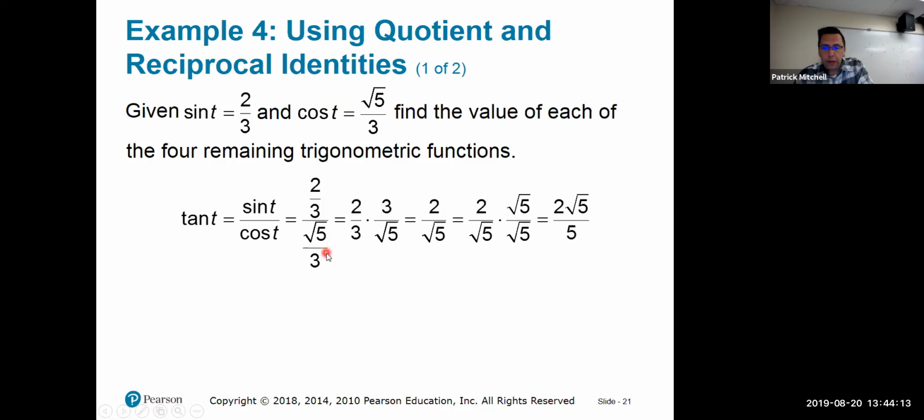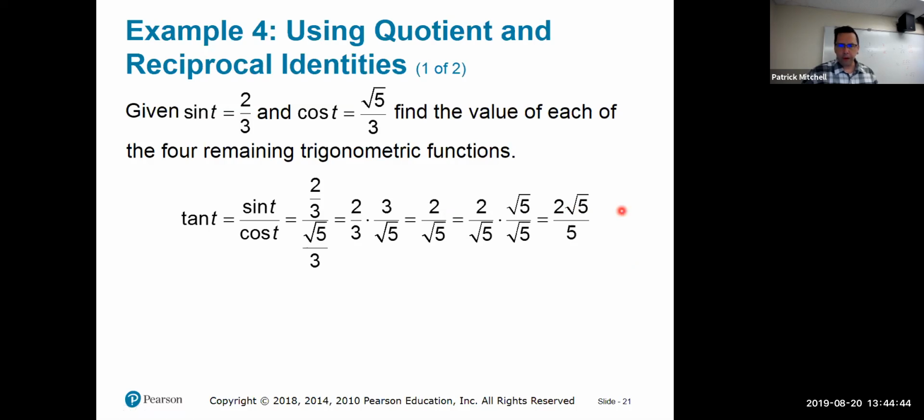You could either think of this as dividing by root 5 over 3 is the same thing as multiplying by the reciprocal, or you could get directly from here all the way to here by just multiplying the top and the bottom by 3. That'll give you 2 over the square root of 5, and then if you rationalize the denominator, you get 2 root 5 over 5.